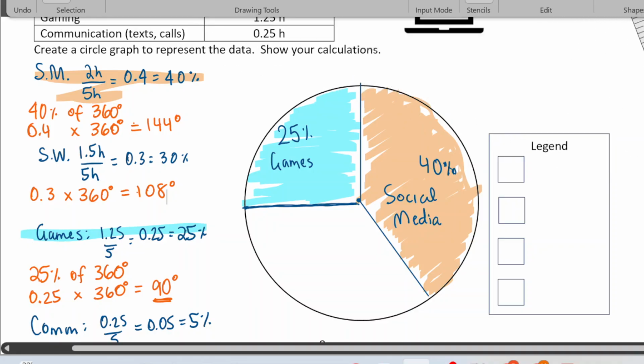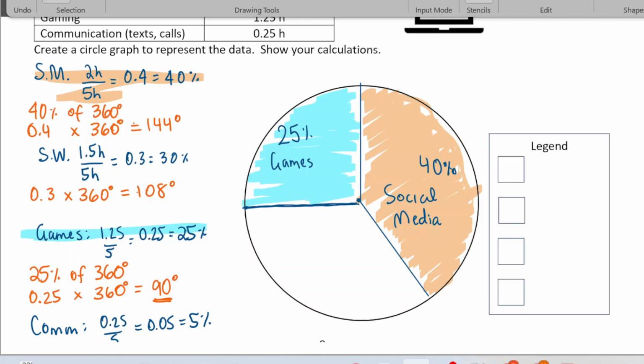I think I want to do 90 minus 18. No, that's right. Yeah, 90 minus 18. 72. There we go.